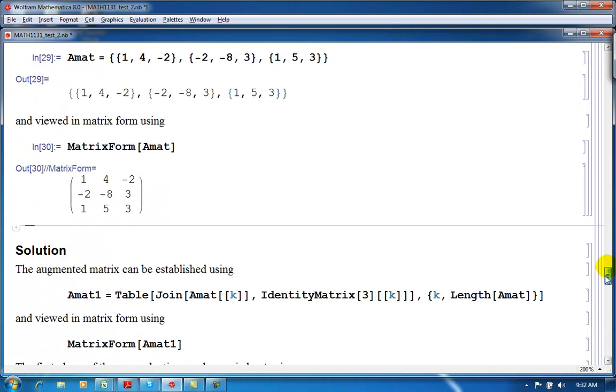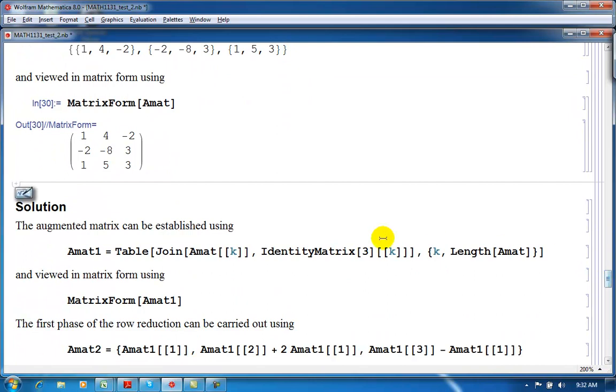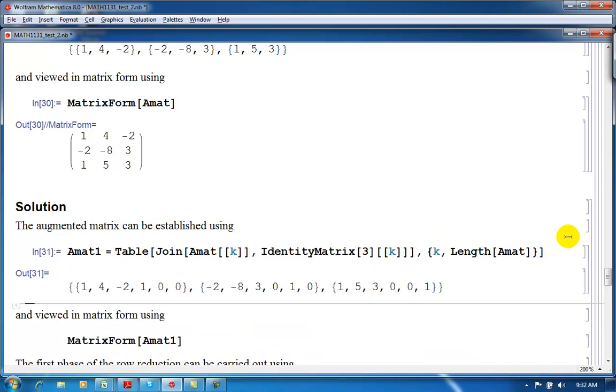Well, the way we do that is we can establish an augmented matrix by joining each row of this matrix to the corresponding row in the identity matrix, and then we can view that in matrix form.